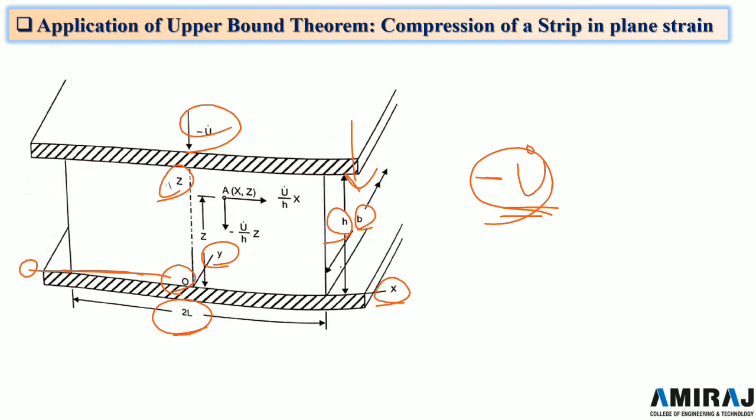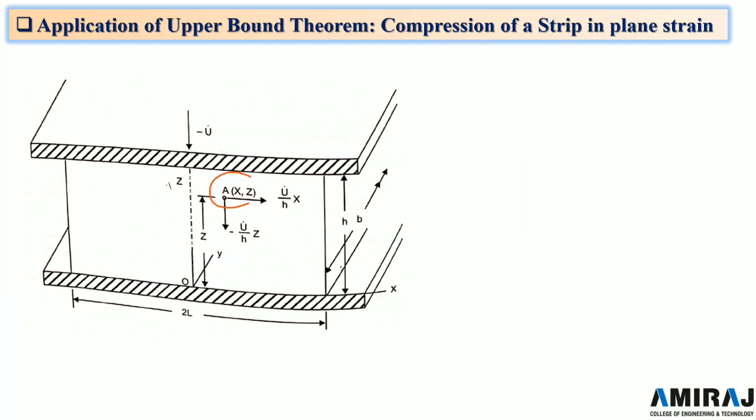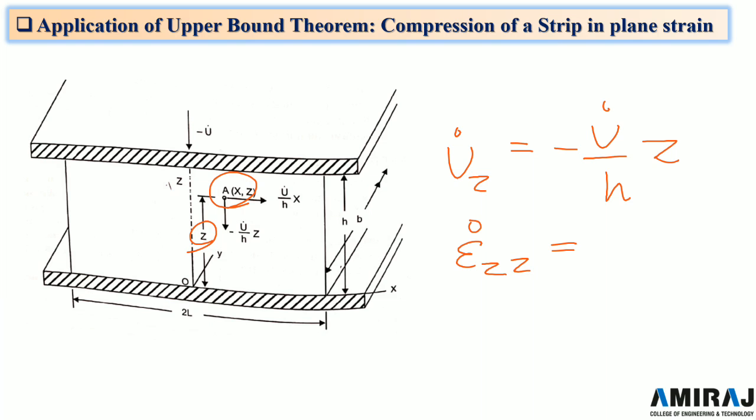Suppose there is a particle A at a height z, so velocity at that particular point is given by minus u dot by h into z, and therefore the strain rate epsilon zz is equal to minus u dot by h.